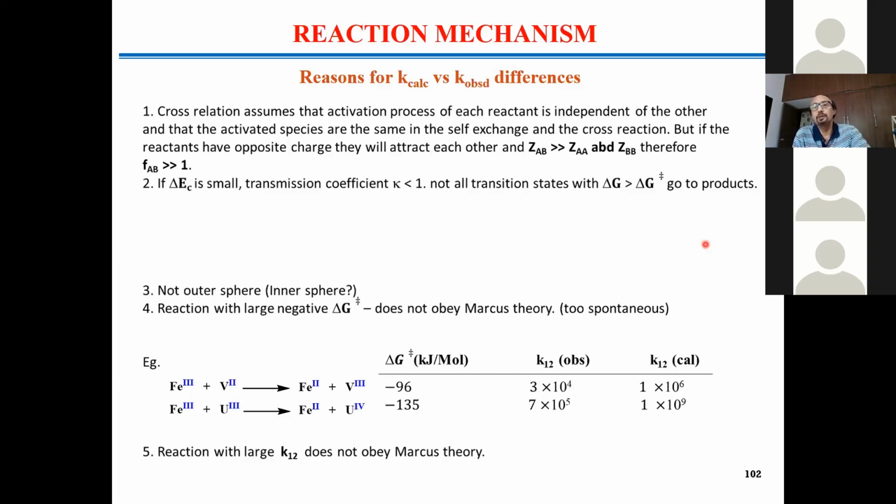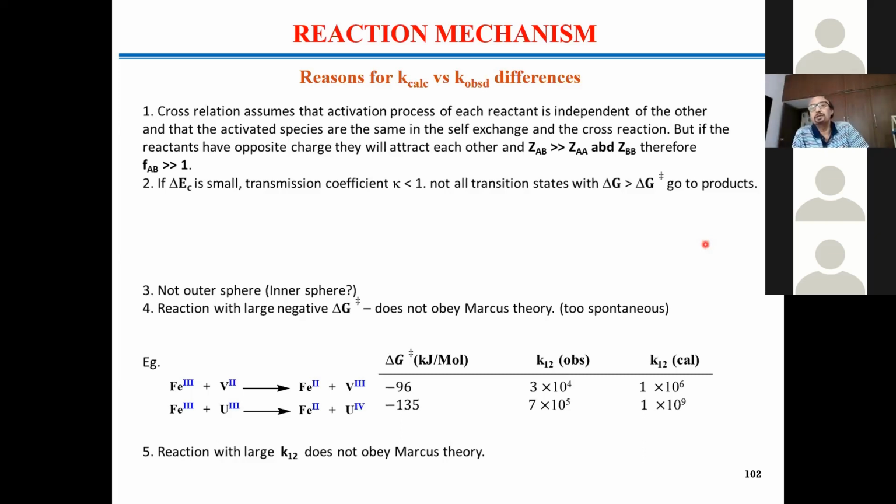And then there was a great approach by Marcus to figure out the cross rate, the reaction rate under the cross situation. And there you have noticed a very simplified equation, though the equation itself is very complex, but there is a very simplified form to understand from the inorganic point of view.